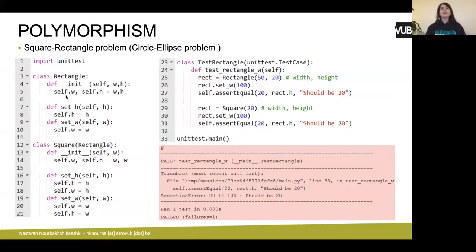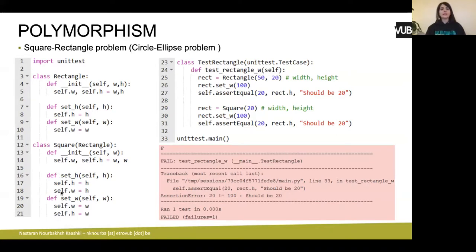Look at here. I have a class Rectangle and I have a class Square. The rectangle has W and H. The constructor will set two instance variables with W and H, and it has a setter for H and a setter for W. The Square class is inheriting from Rectangle, and in the constructor you only have W, and W will be assigned to both H and W because it is a square.